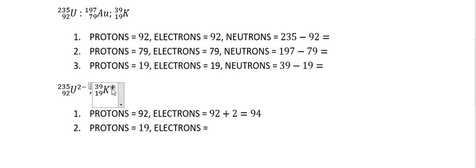If it's plus, it is loss. Since it is just plus, it means that I have lost 1. It is not usual to write 1 plus or plus 1, because when they just say plus, you have lost 1. Since originally the number of electrons was 19 when it was just potassium, now when it is potassium ion plus, it becomes 19 minus 1 because you have lost 1 electron, and becomes 18.